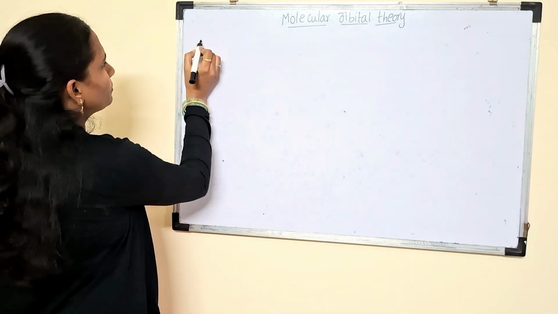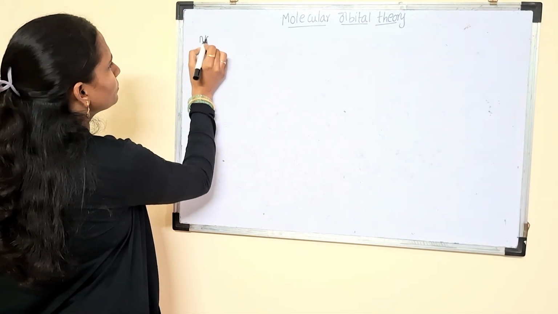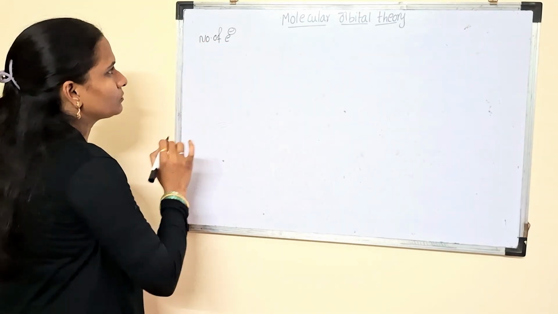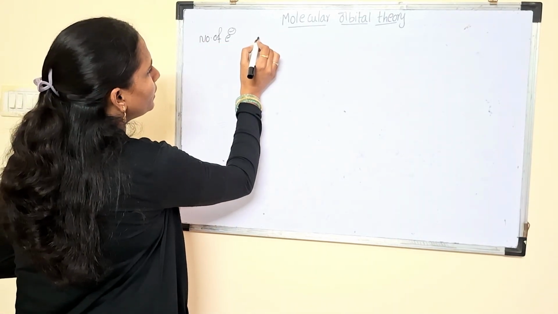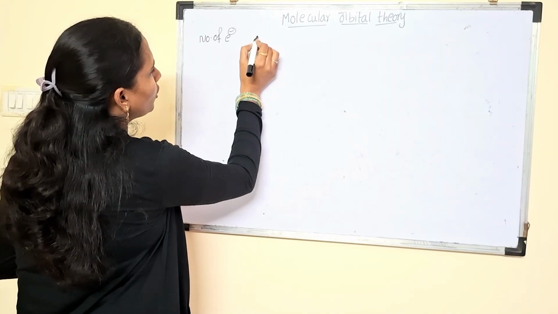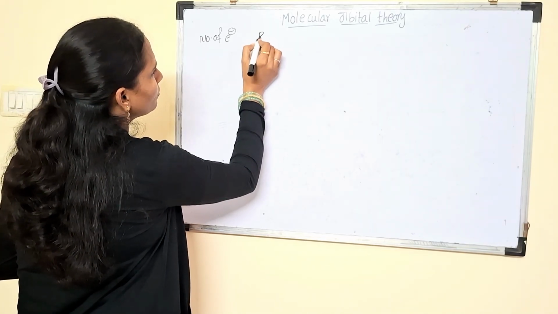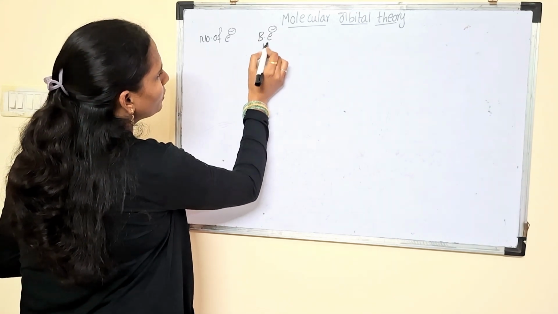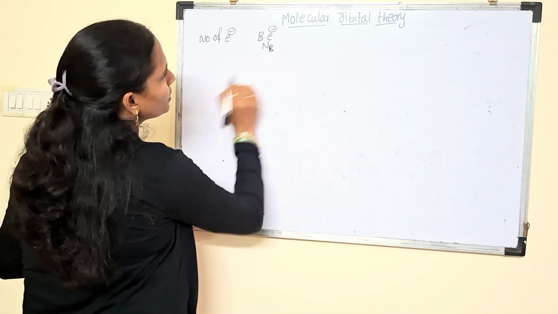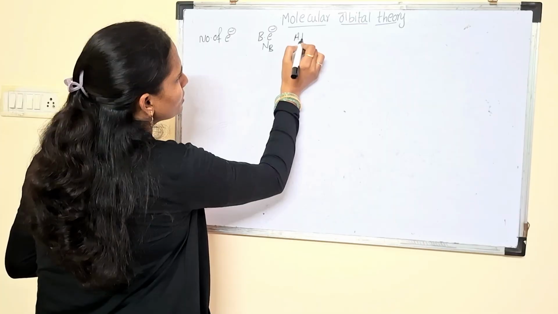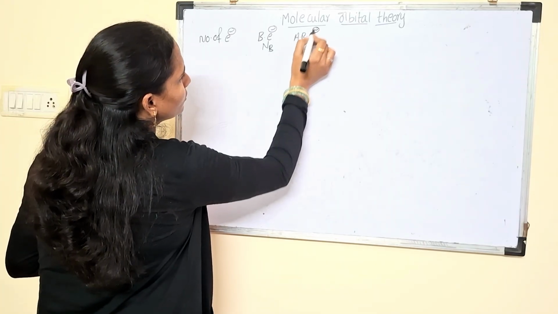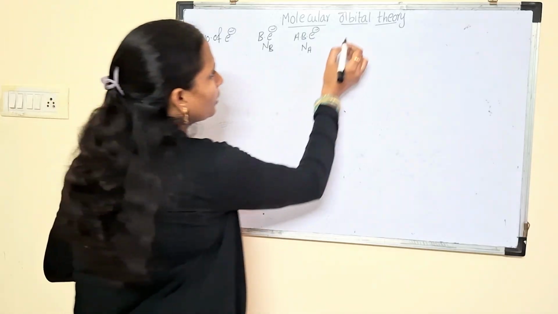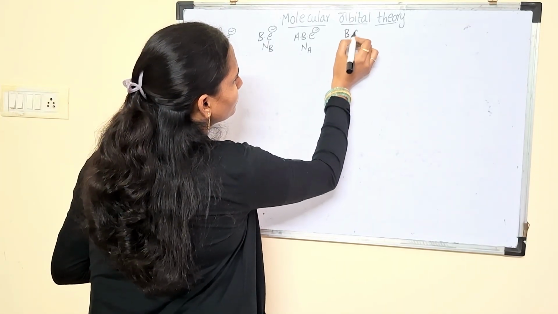Here, first of all, the number of electrons. After that, anti-bonding electrons or bonding electrons. This is the bonding electrons, which we represent by Nb. Next, anti-bonding electrons, which we represent by Na. And after that, bond order.